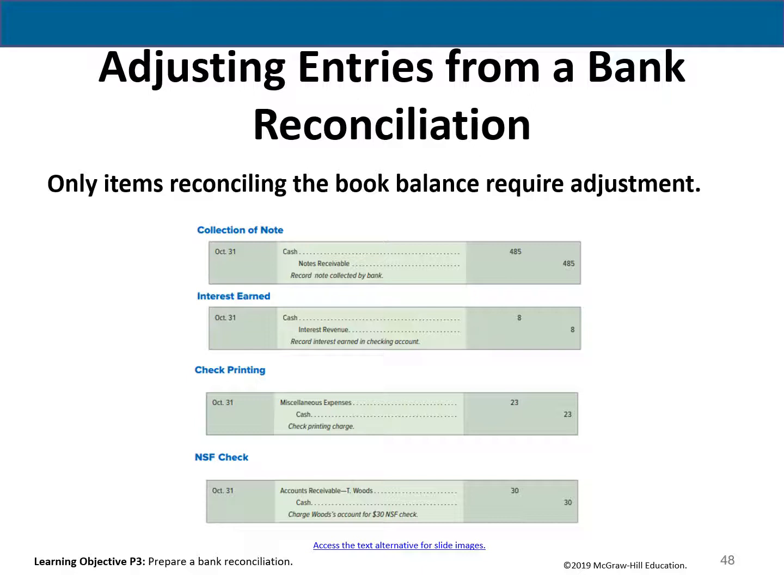And then for the NSF check, we debit accounts receivable. That customer still owes us the money. We don't go, oh, their check didn't clear, that's okay, you don't owe us. No, put it back into accounts receivable. $30, debit it, credit cash. And once we post those journal entries, the cash account will be at the proper balance of $1,845.